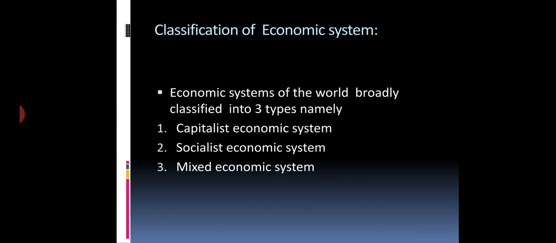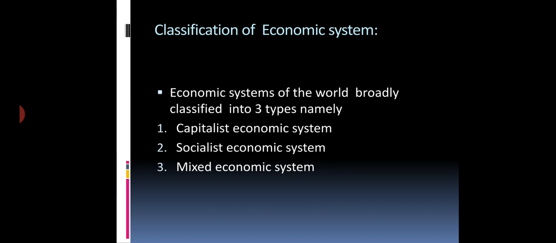The second one, the socialist economic system, refers to an economic system where the means of production are owned and managed by the government. Social welfare or public welfare is the main objective of this system, and examples are Russia and China.